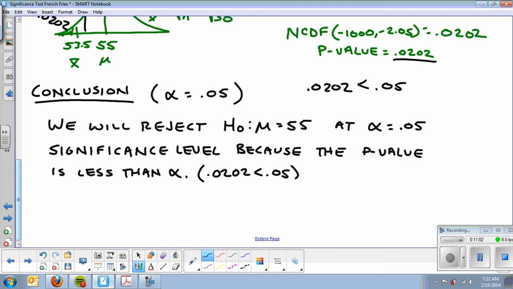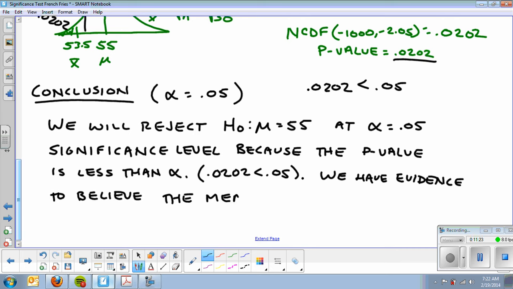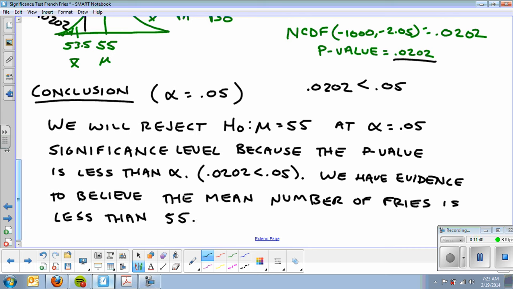Now, what does that mean in the context of the problem? We have evidence to believe the mean number of fries is less than 55.